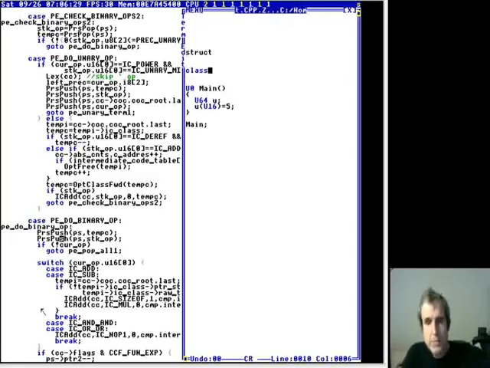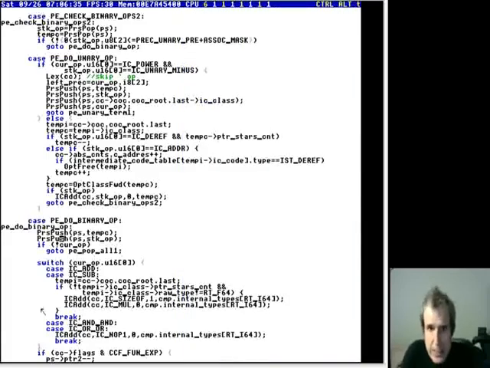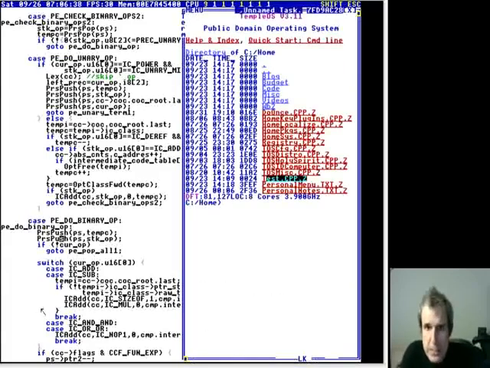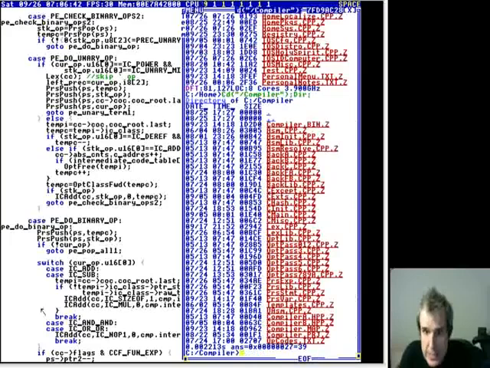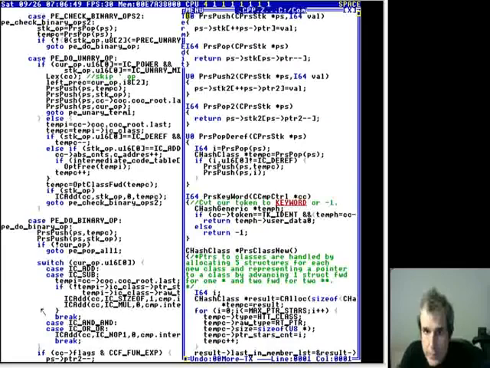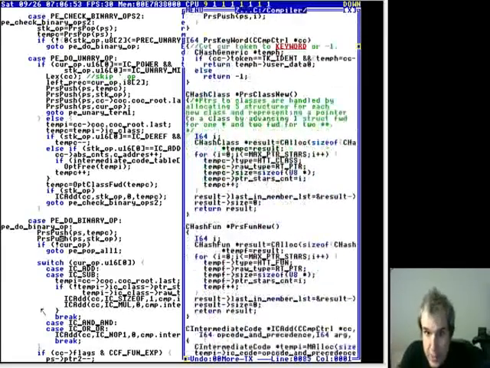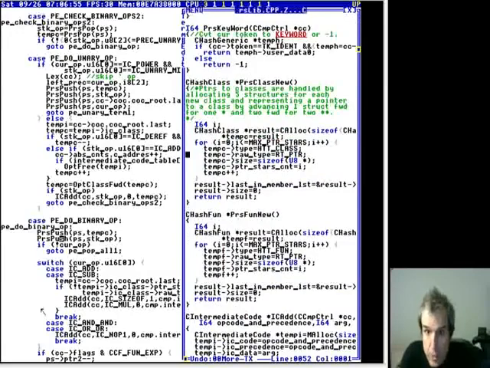And internally, I have a parse class. When you make a new class, oh, I did a for loop.